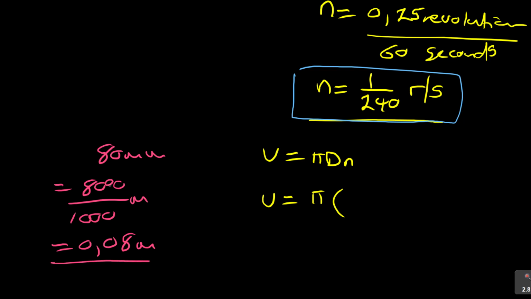You can use a calculator. So you can say 0.08, and then n is 1 over 240.